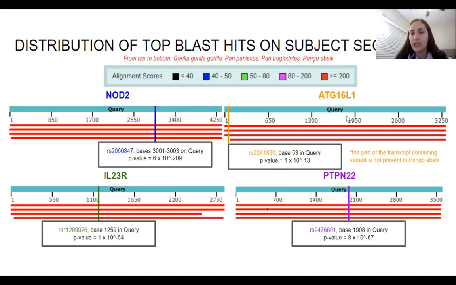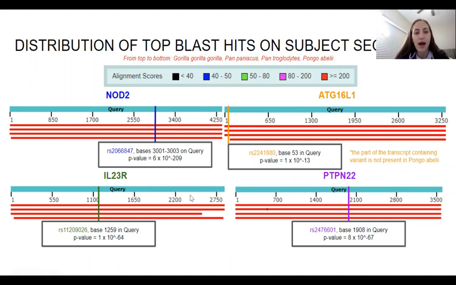When we look at ATG16L1 and the variant on this gene, we see that the sequence is also very strongly aligned, except for the sequence in Pongo abelii, which is significant.